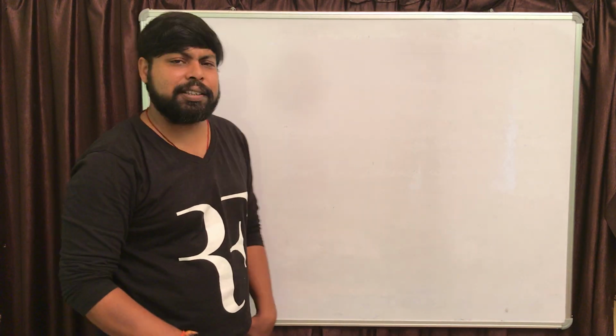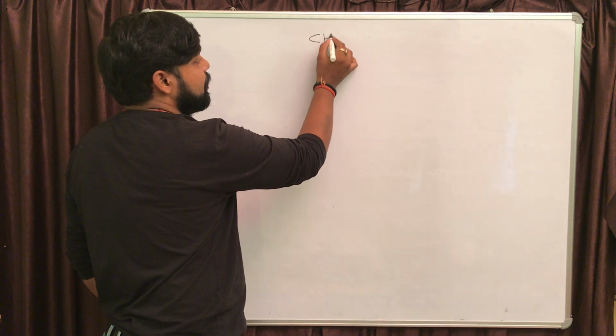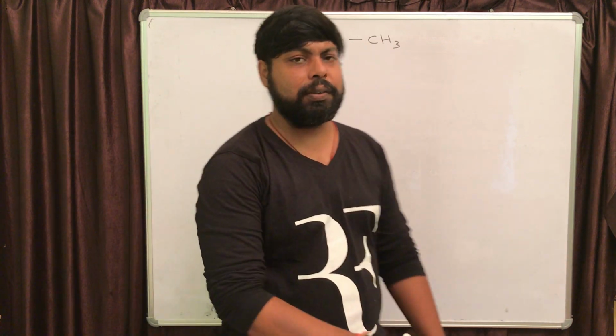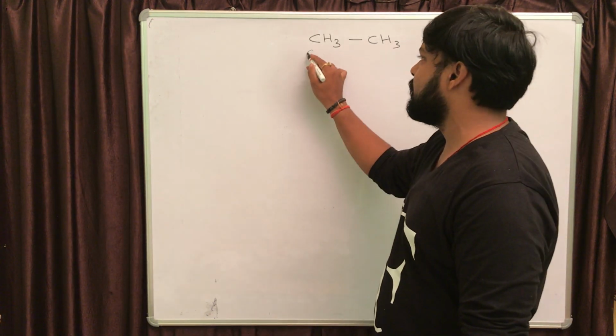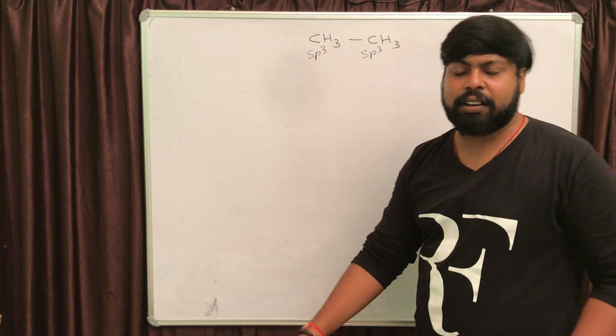Let's say again, the same example I have is ethane molecule. If you observe, each carbon atom is sp3 hybridized and the shape around the carbon atom is tetrahedral.